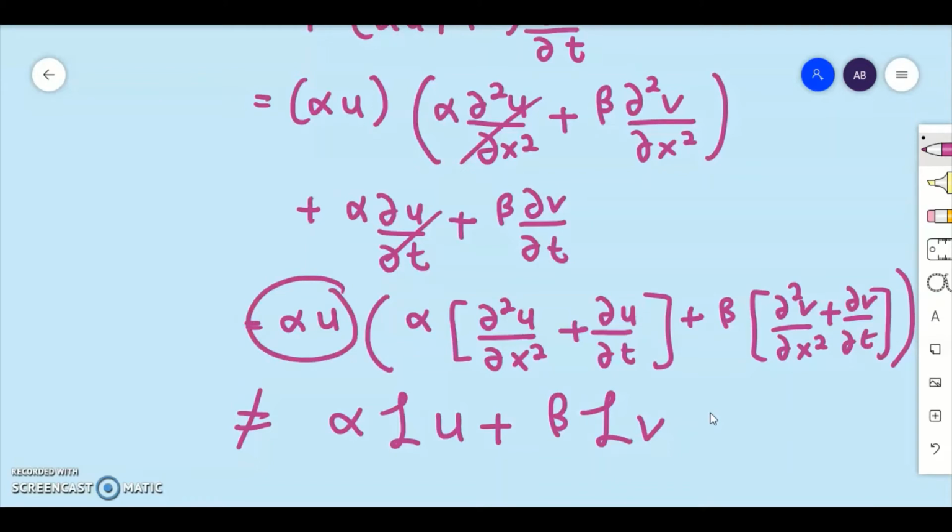So this is not equal. So we have another non-linear PDE.